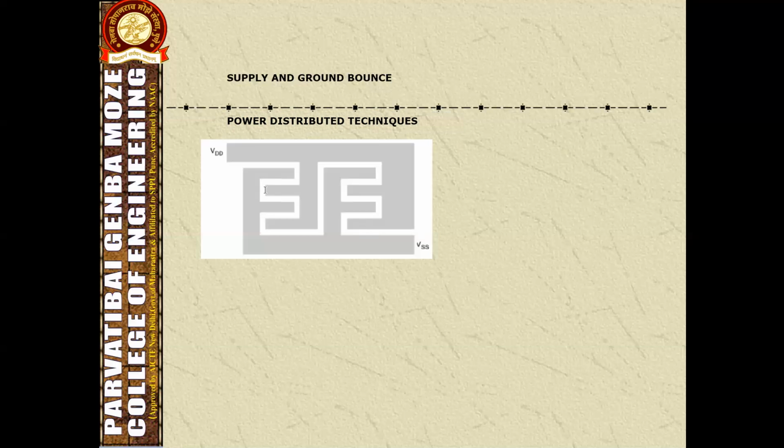The power distribution has two problems, that are sizing wires and the power distribution network. Here in the figure shown in the slide is a branch that carries the current in all the branches.